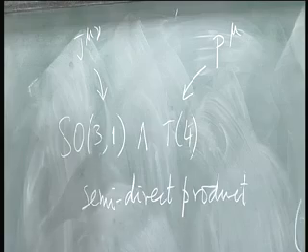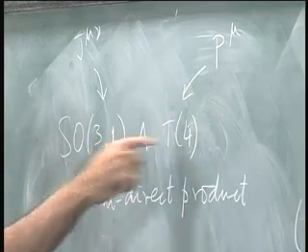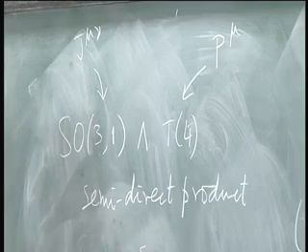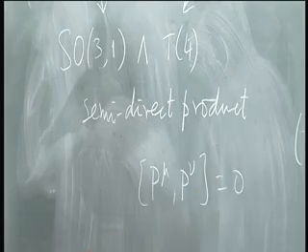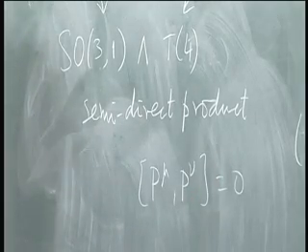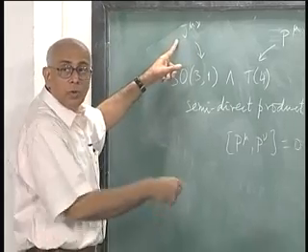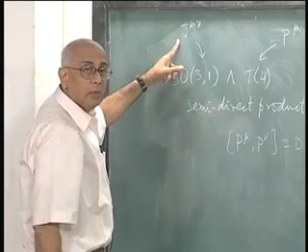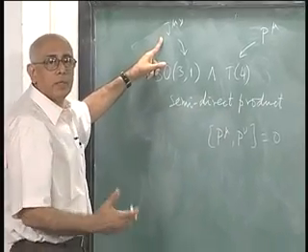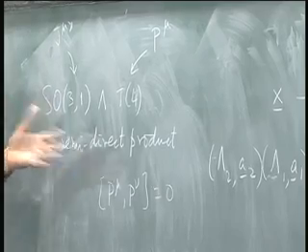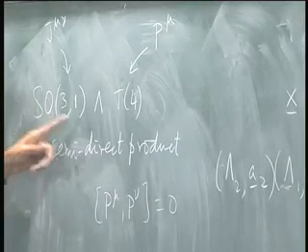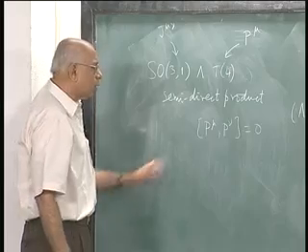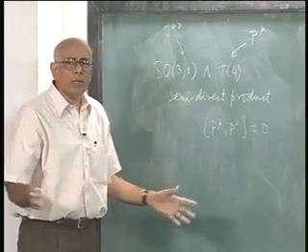Since the translation generators form an abelian subgroup, their commutator algebra is simple, that is of course 0, and then the J's would form a Lie algebra, the typical Lie algebra which you have for a rotation group, except it is a pseudo-rotation group, SO(3,1). I am not going to write that down; you will have a linear combination of the J's.